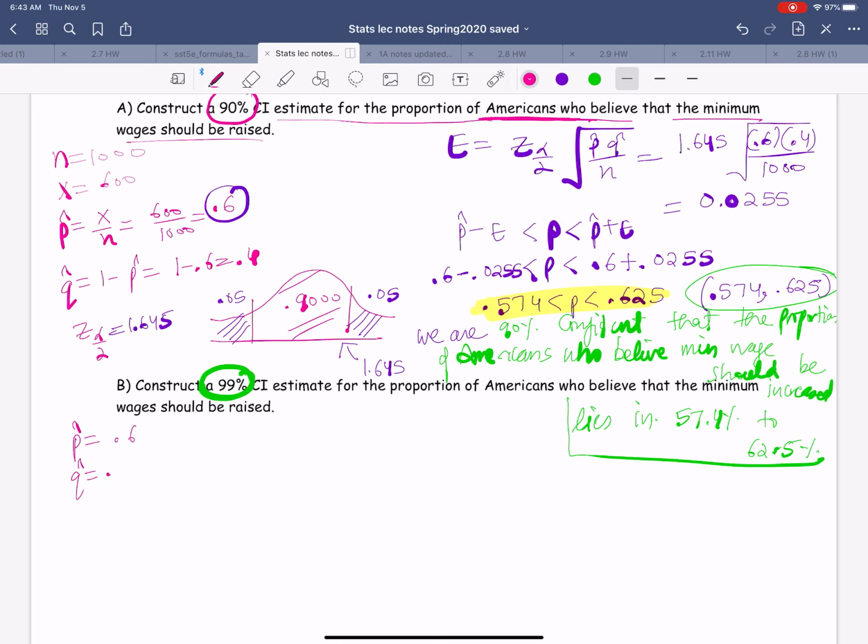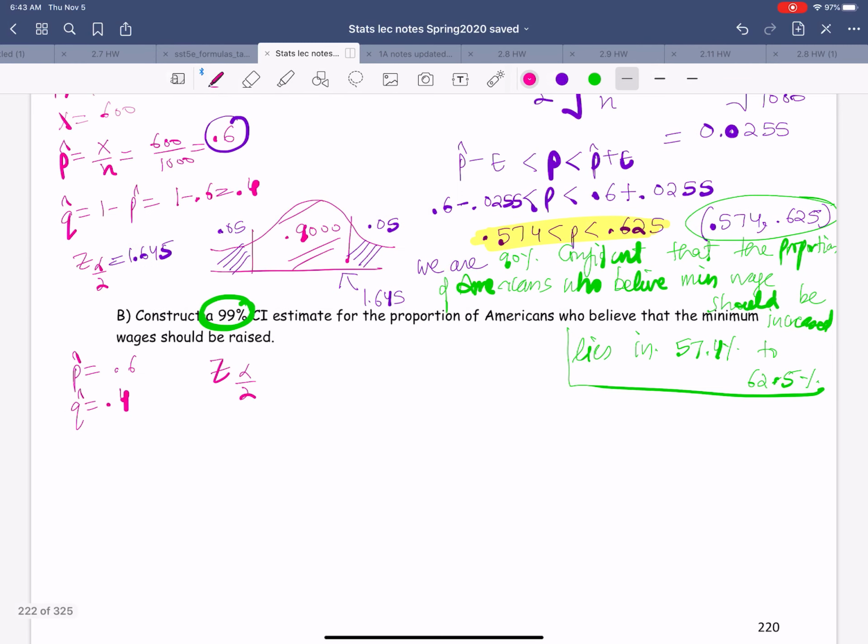Your q hat is still 0.4. The one thing that is going to change is the z alpha over 2. So how do you find z alpha over 2? Alpha would be 0.01 here because we have a 99% confidence level, the remaining 1%.